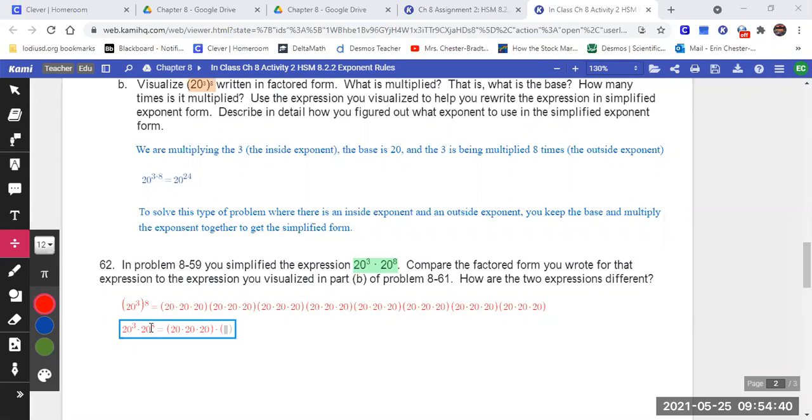I need this second factor right here, 20 to the 8th, as a parenthesis spread out. What's that going to look like? Spread out.